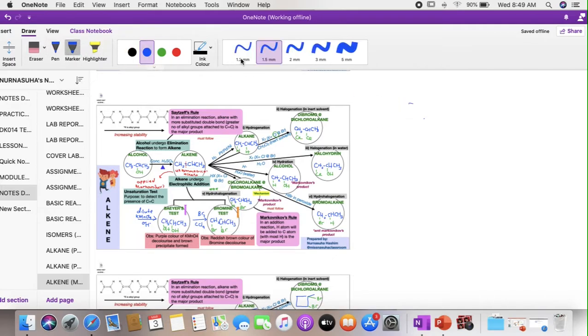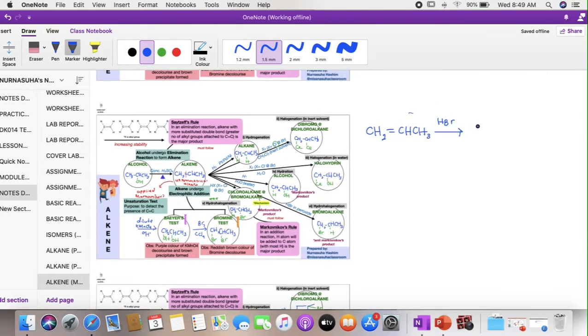In order to draw mechanism, first tolong tulis dia punya equation dulu. So, equation kita adalah daripada propene react with hydrogen bromide.